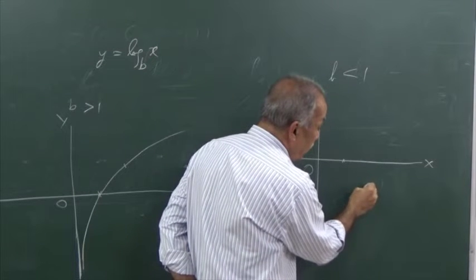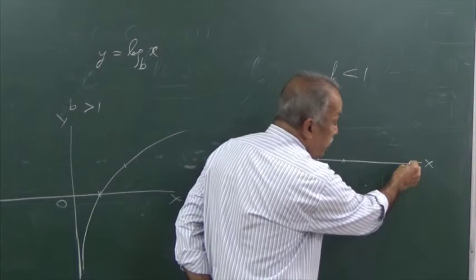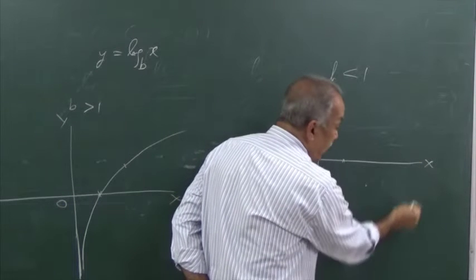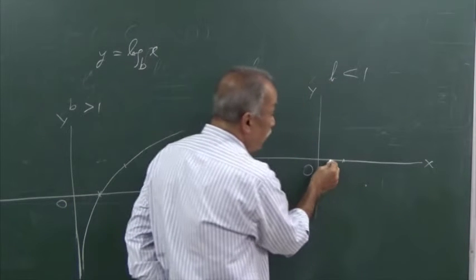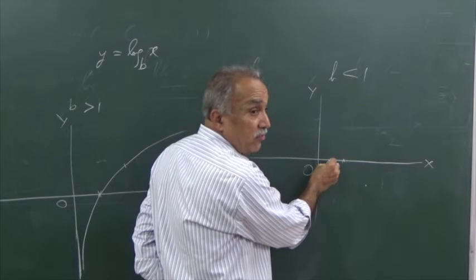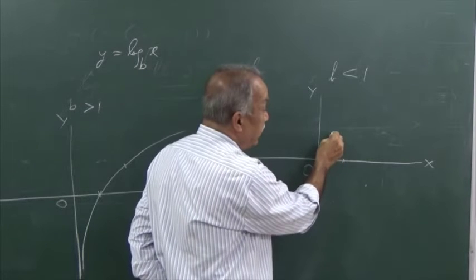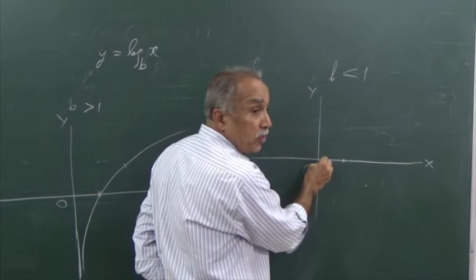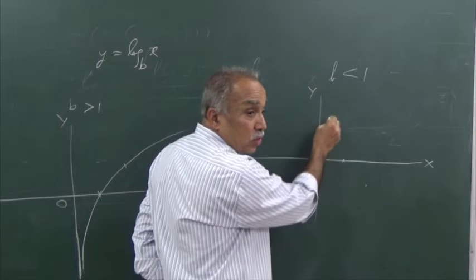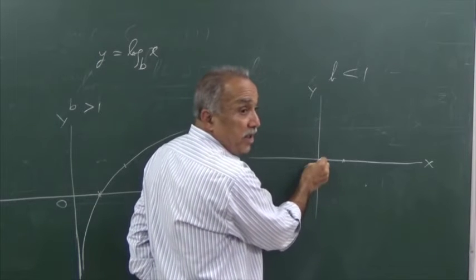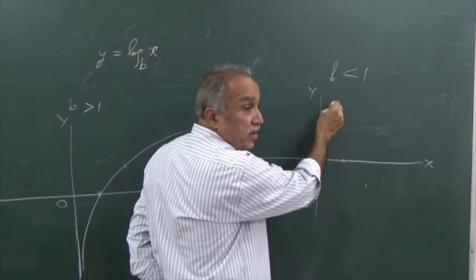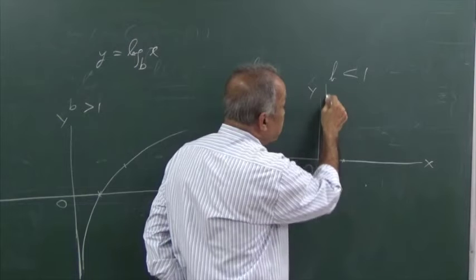Minus 1. What is log of 4 to the base half? Minus 2. What is log half to the base half? 1. What is log 1 by 4 to the base half? 2. What is log 1 by 8 to the base half? 3. A rough sketch may be.